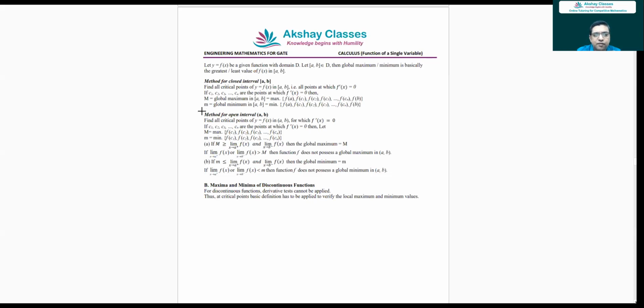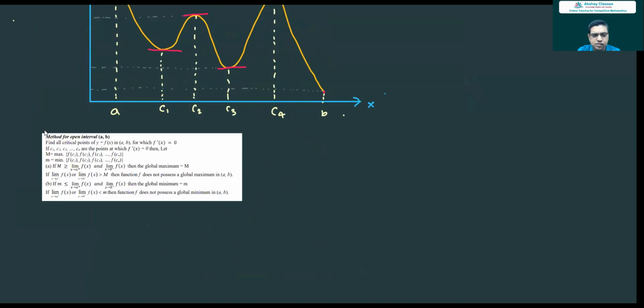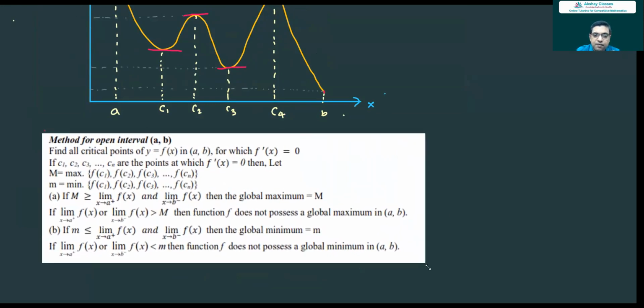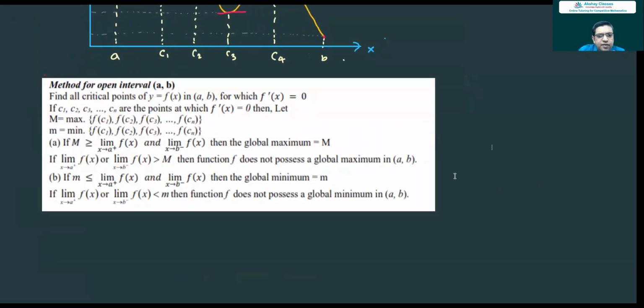Now what to do if we have an open interval? This is a little tricky. If there's an open interval, everything else is the same. We find the critical points, and amongst the critical points, we find the greatest and the least value.